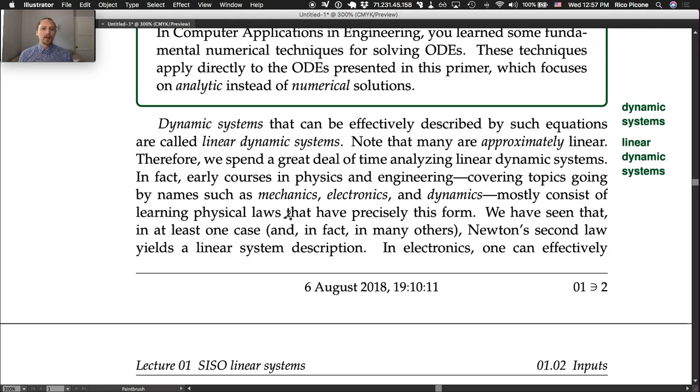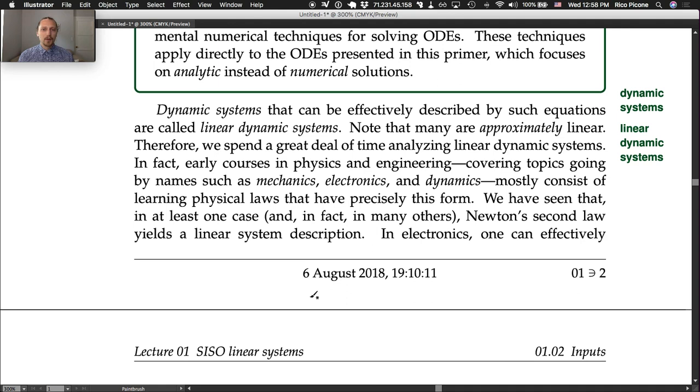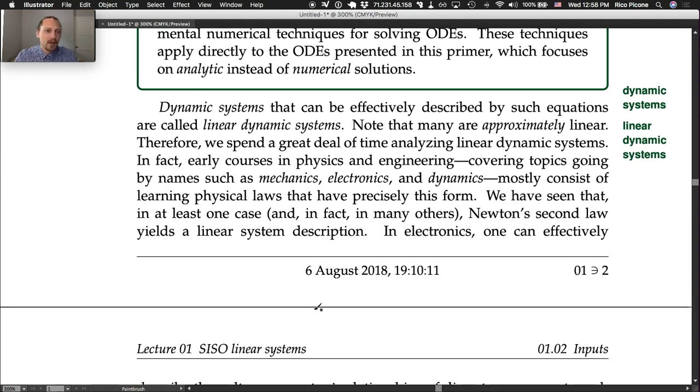Therefore, we spend a great deal of time analyzing linear dynamic systems. In fact, early courses in physics and engineering covering topics going by names such as mechanics, electronics, and dynamics mostly consist of learning physical laws that have precisely this form, linear ODEs.